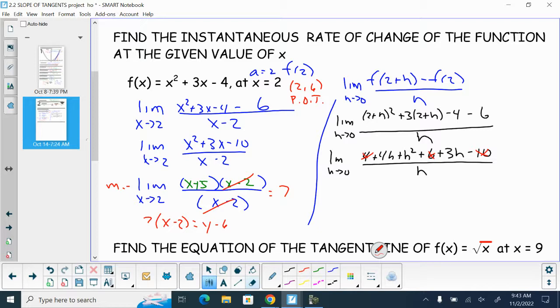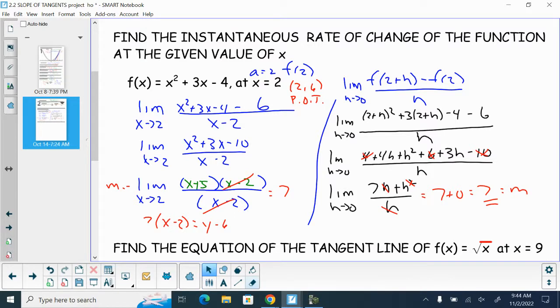We can combine our 4h and 3h to give us 7h plus h squared, over h. We can cancel out one of those h's and then apply our limit. Limit as h approaches 0 of 7 plus h, which is 7 plus 0. We get the same value of 7. Once again, one way you factor, the other way you expand out.